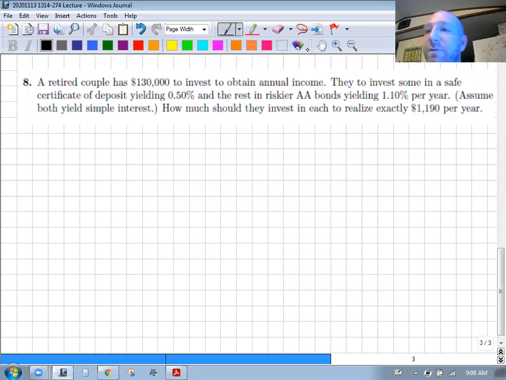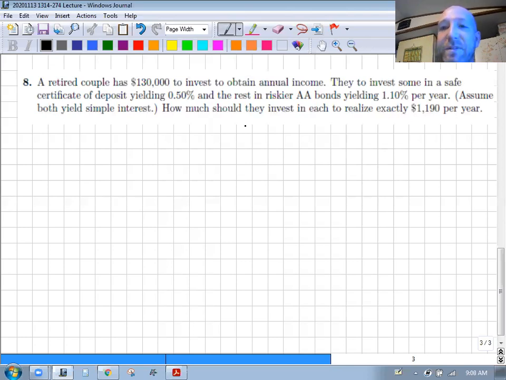They need to invest some in a safe certificate of deposit yielding 0.5%, and the rest in riskier AA bonds yielding 1.1% per year. Assume both yield simple interest. How much should they invest in each to realize exactly $1,190 per year?